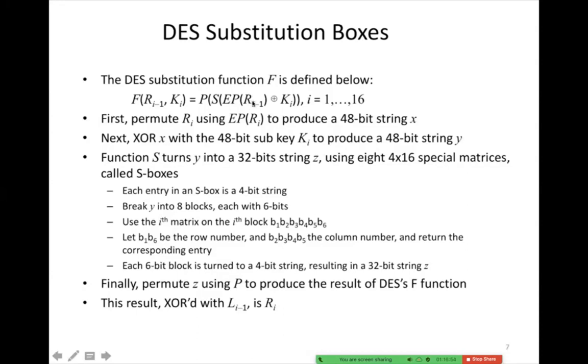For the second half of the input to the previous round, that's R sub i minus 1, it applies a permutation.